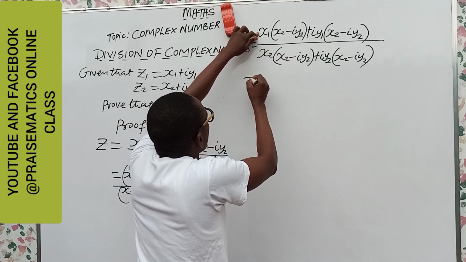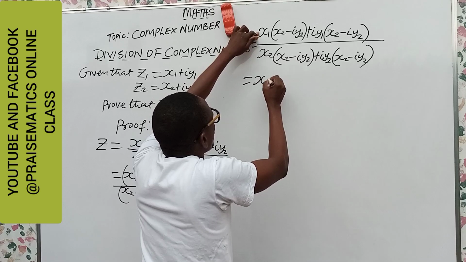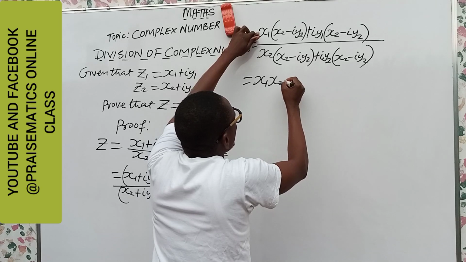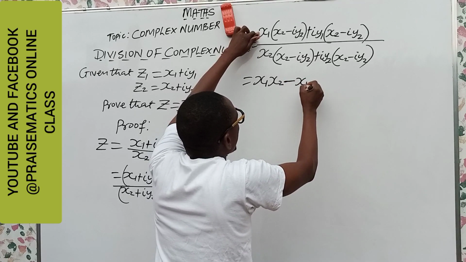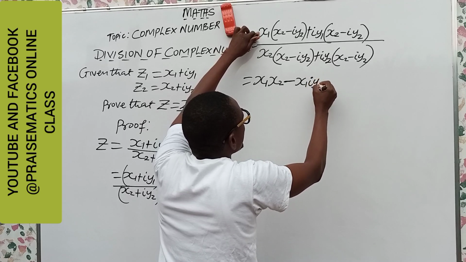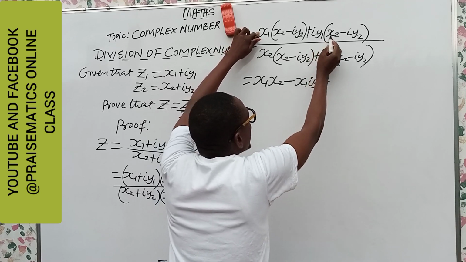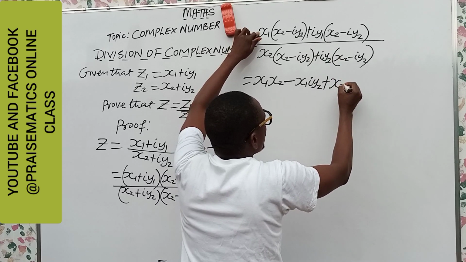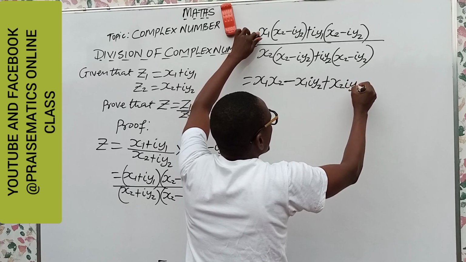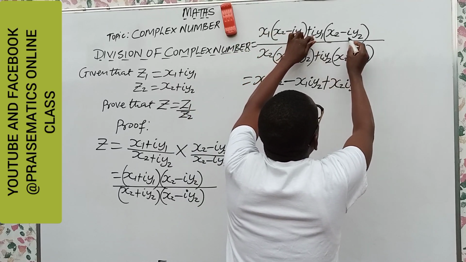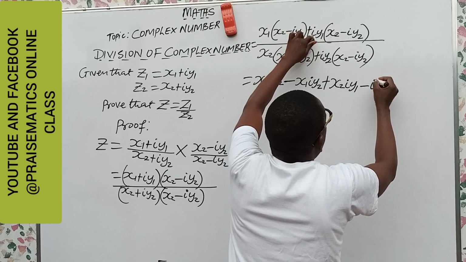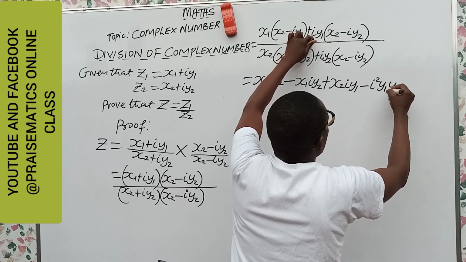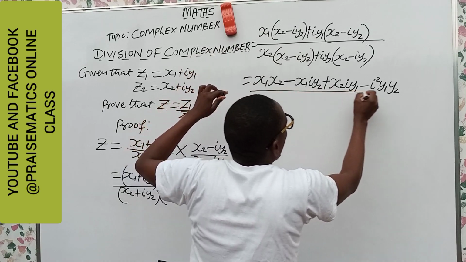x1 times x2 will give us x1x2. x1 times minus iy2 will give us minus x1 iy2. Plus x2 times iy1 will give us x2 iy1. Now i times i will give us minus i square, y1 times y2 will give us y1y2, all over.